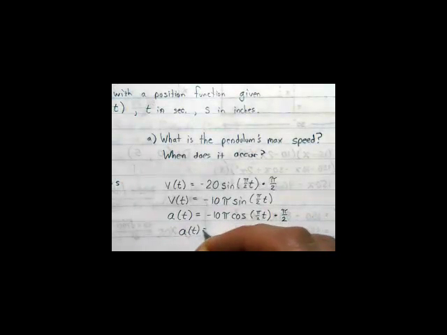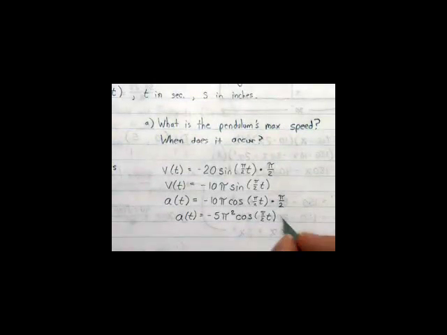So this acceleration equation is going to be negative 5 pi squared cosine(pi over 2 t). And when this is equal to 0, that'll help me figure out where this thing has its maximum speed.